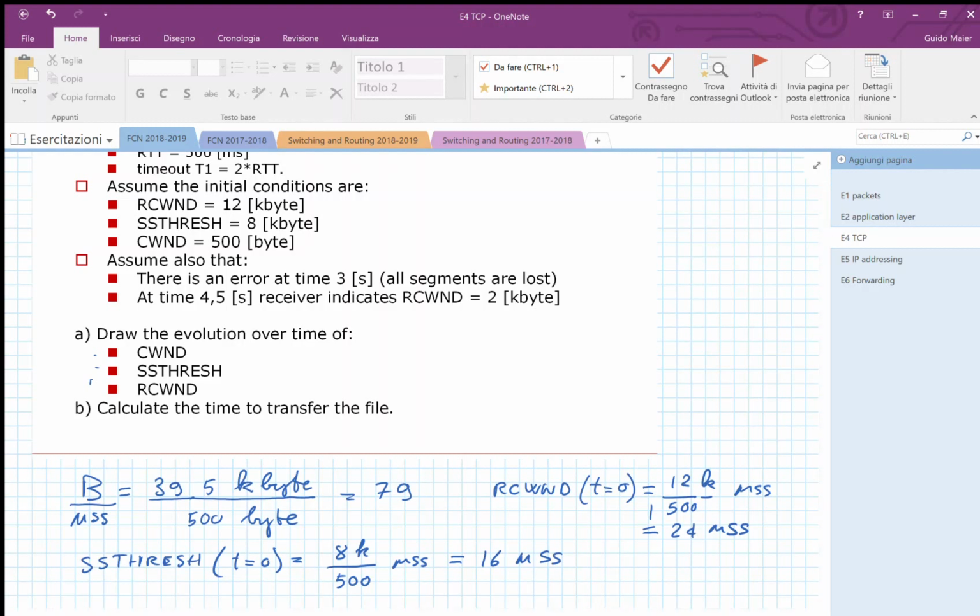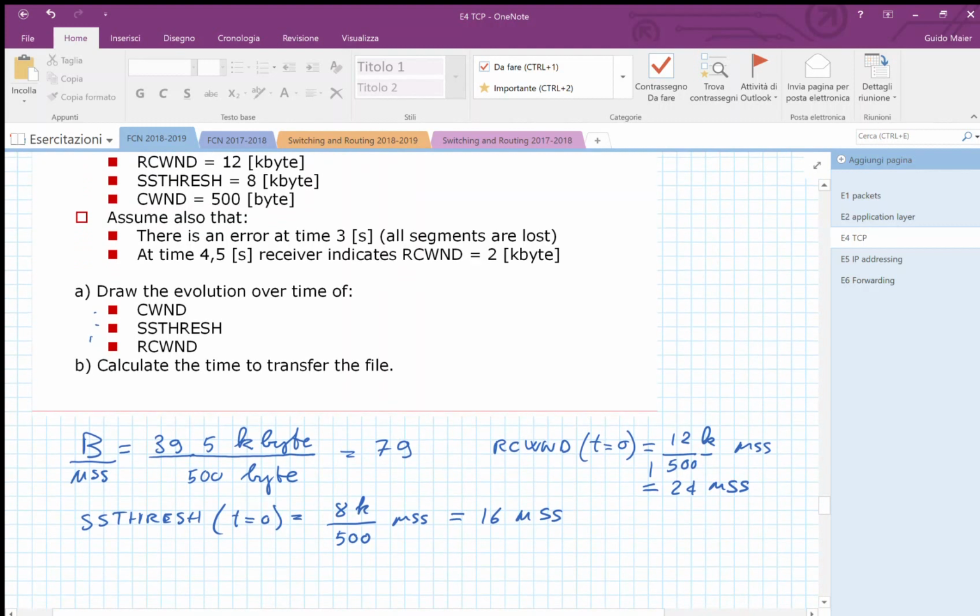And finally, the congestion window, we have to initialize it. So since we are assuming that we are starting our TCP session at time t equal to 0, how much would it be, the congestion window at time t equal to 0? How much is the congestion window at the beginning of the connection?